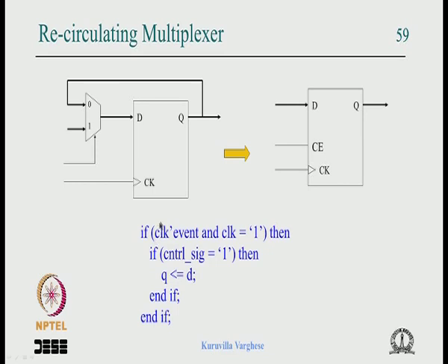Look at this VHDL code: if clock tick even and clock is equal to 1, then if some control signal is 1, then Q gets D. Normally some 2-to-1 mux is required to implement that, but in FPGA, since it is built in, the control signal is connected here, the clock is connected here, and this is the D, this is the Q. You don't have to do anything.